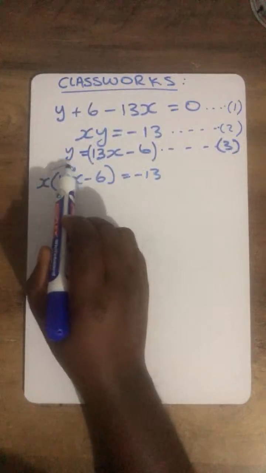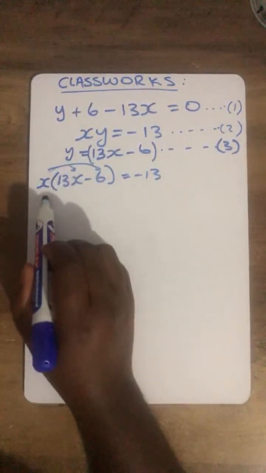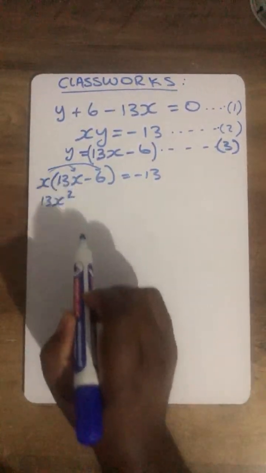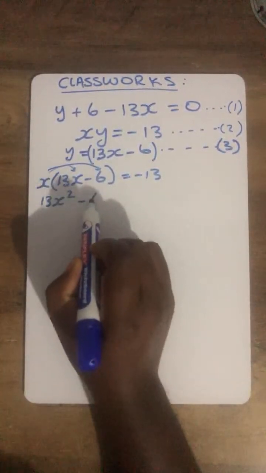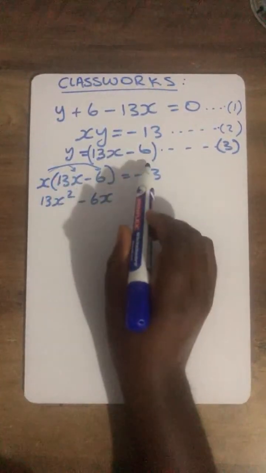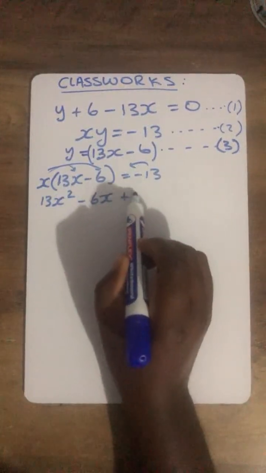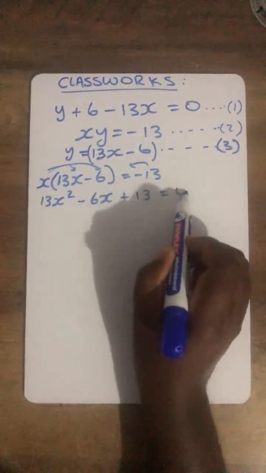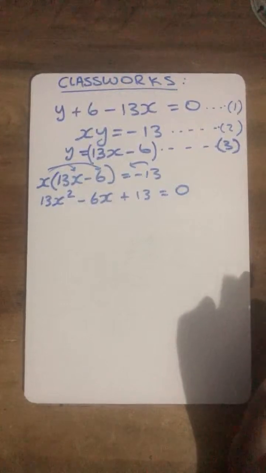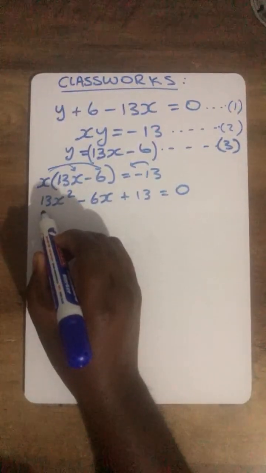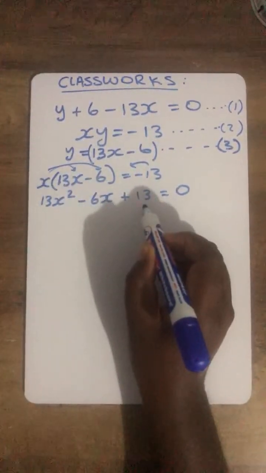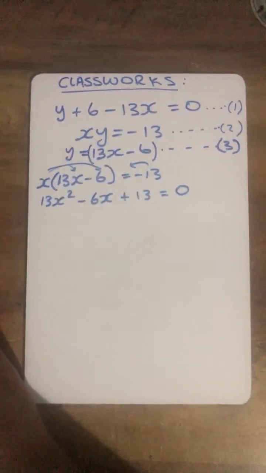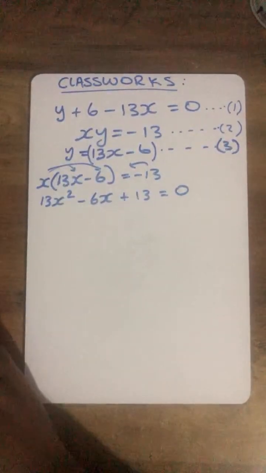So I'm going to multiply that by that. So that means we have 13x squared minus 6x. Take this to the other side, it makes it positive 13, which is equals to 0. So the question now is, can we be able to factorize that? Let's see if that can be factorized.